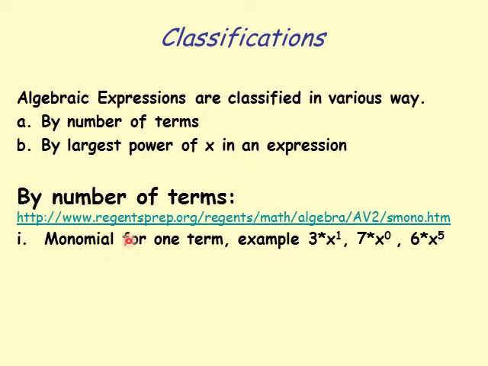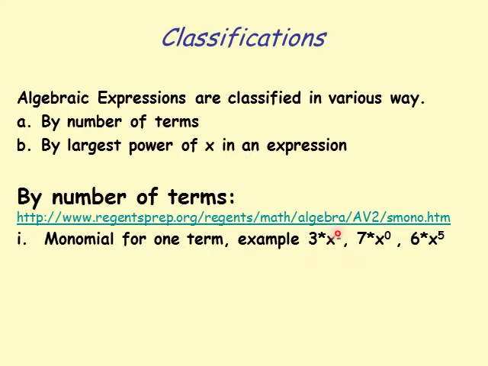So monomials are those with one term. Examples are 3 times x to the power 1, 7, which is 7 times the 0th power of x, or 6 times the 5th power of x.